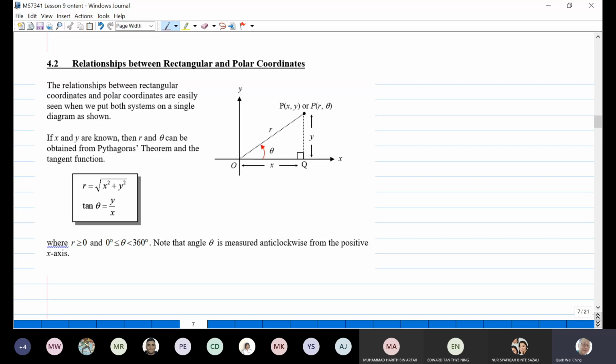Okay, so what is the relation between all these, right? We start off with x and y. So you have a point x and y here. The location x and y now. So if you know x and y, how do you find r and theta here?